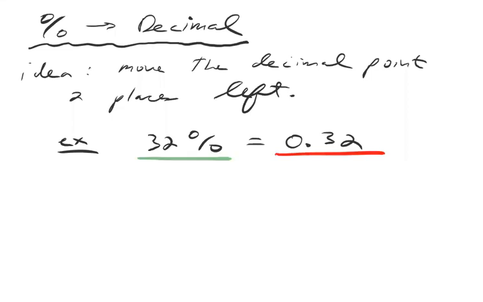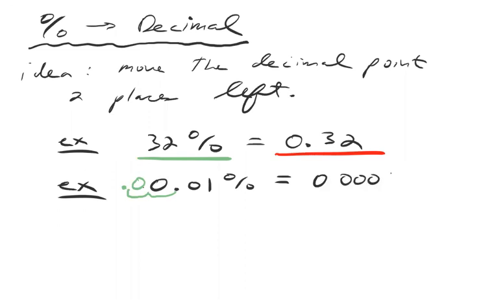So this is the decimal, and this is the percent. Think another one. What if I said 0.01%? Well, if you imagine me moving the decimal to the left, 1, 2, I'd have to add a 0 there, right? So I would get 0.0001. Again, that's the decimal. That's the percent. The green part is not the percent.